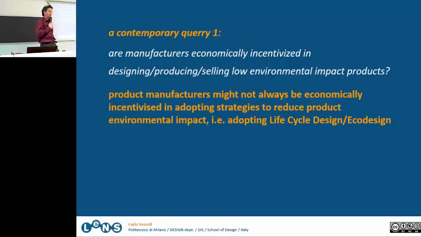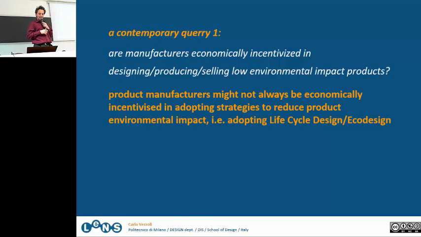In fact, product manufacturers are not all the time interested in doing this. If they were, there would not be the problem of environmental or social sustainability, okay?